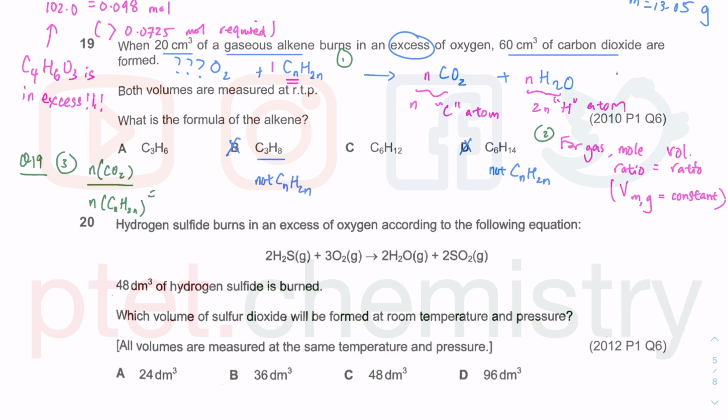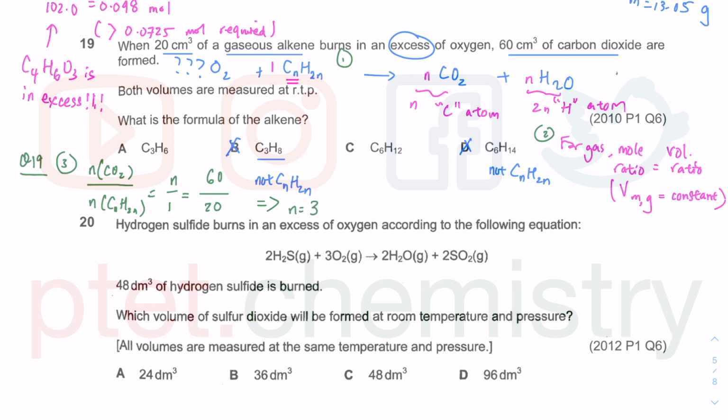So the mole ratio there happens to be n/1 from the balanced equation. And then on the other side, both of them are related by the molar gas constant. So what I could have here is the volume of CO2, that is 60 cm³, so 60 over 24,000, divided by 20 cm³, so 20 over 24,000. So what you can see here is n is equal to 3.